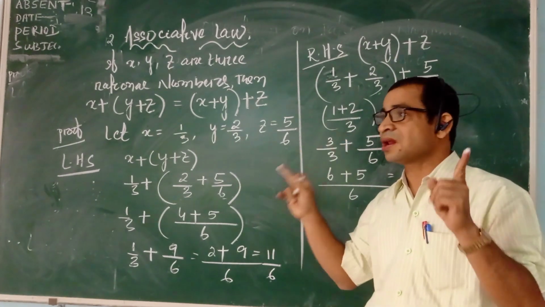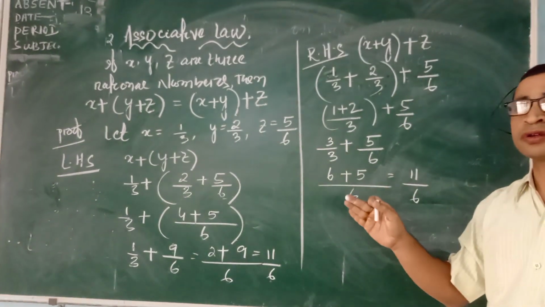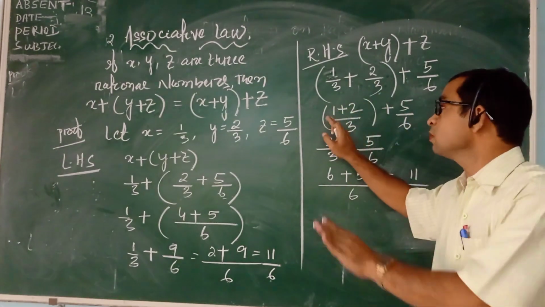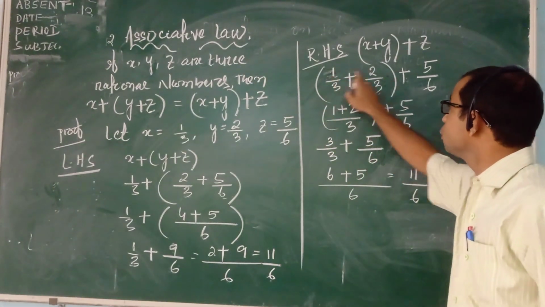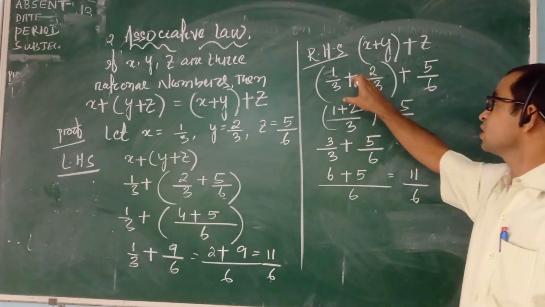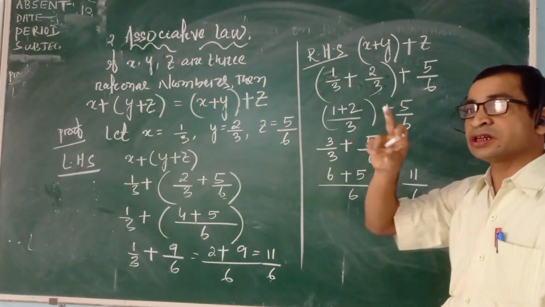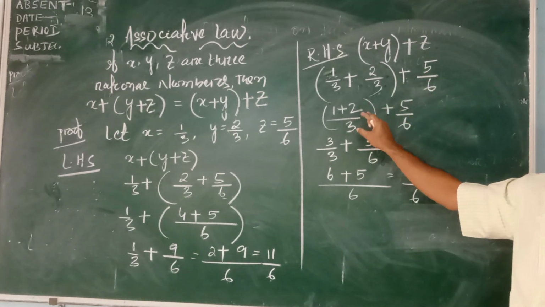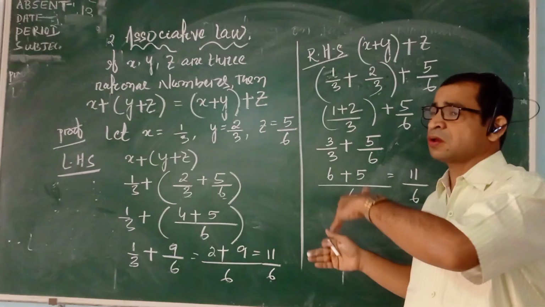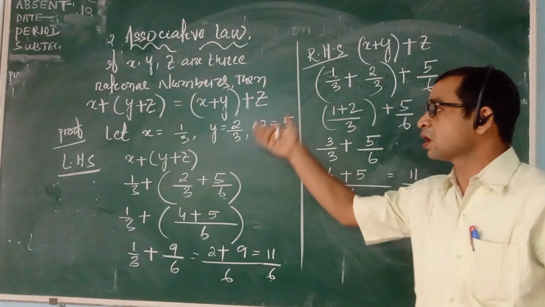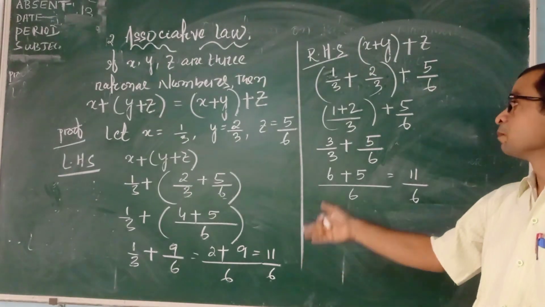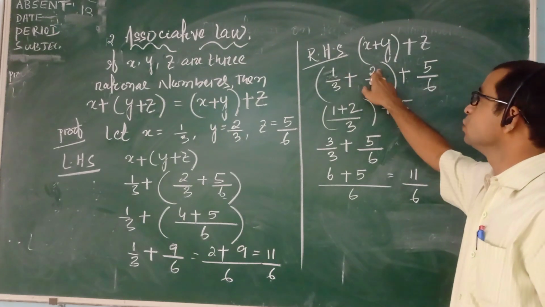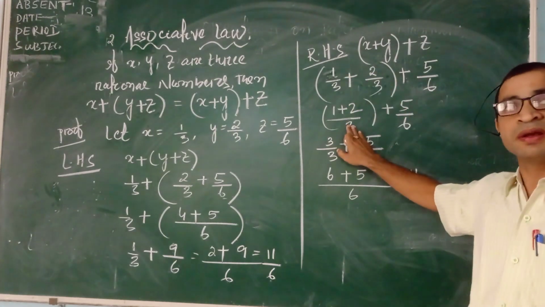When you are adding like fractions, you should not take out the LCM. It is exclusively applicable for like fractions. But if it is unlike, we have already discussed how to take out the LCM of denominators. But when it is a like fraction, simply you have to add the numerator part and the denominator remains same.